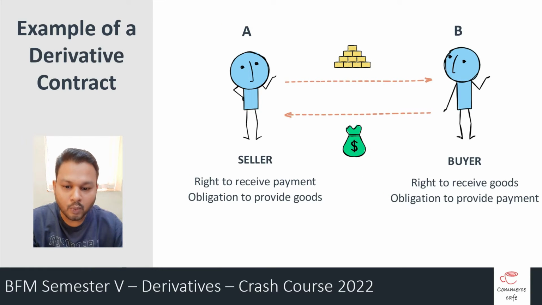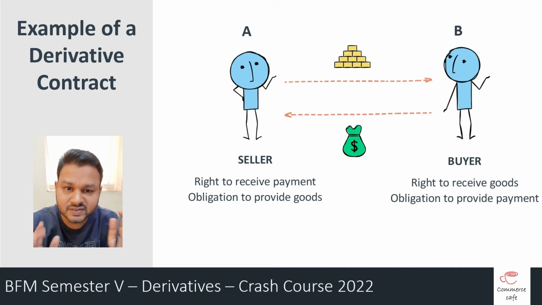Now let's see what happens in case of a derivative contract. A derivative contract is also a financial contract. Sometimes it is a contract to buy or sell something, just like a normal contract, but with a little difference. What is that difference? For example, in a forward contract or a futures contract, which is a derivative contract, you will still enter into a contract to buy or sell something.